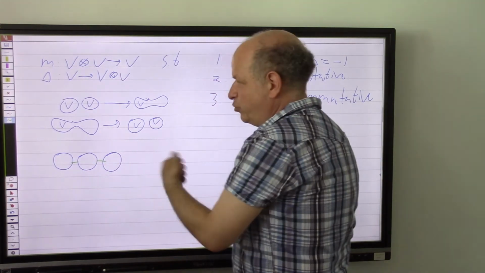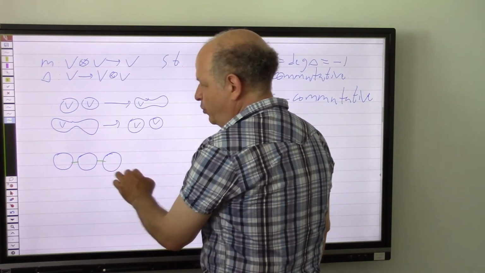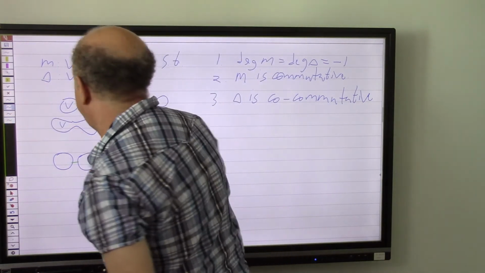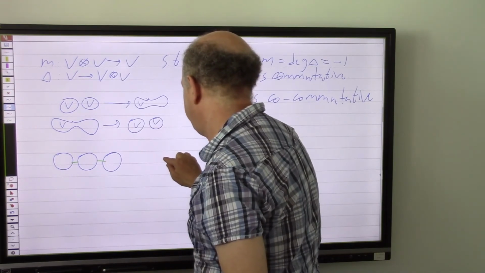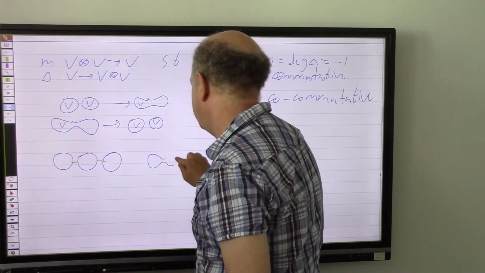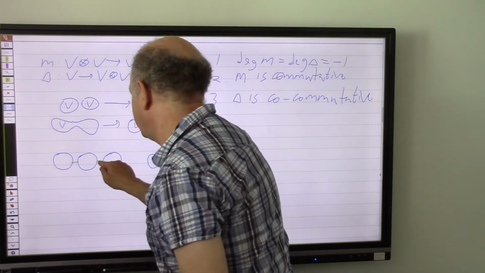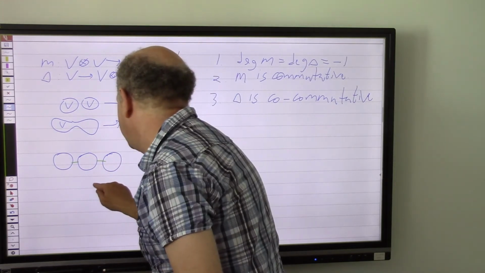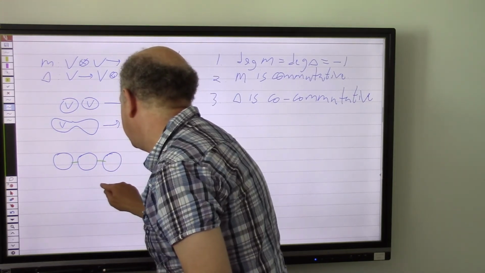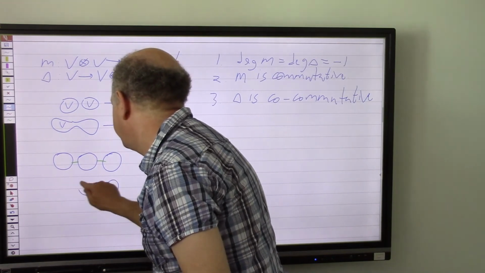Now I can swap this smoothing into one type, and then I'd get this picture. Or I could swap this smoothing into the other type, and then I'd get this picture.